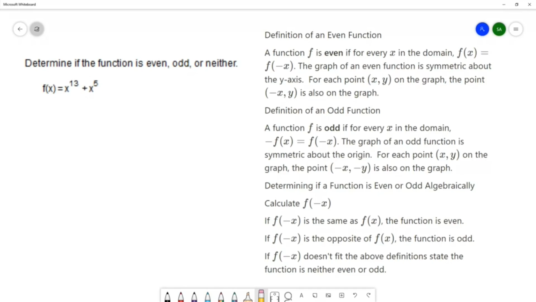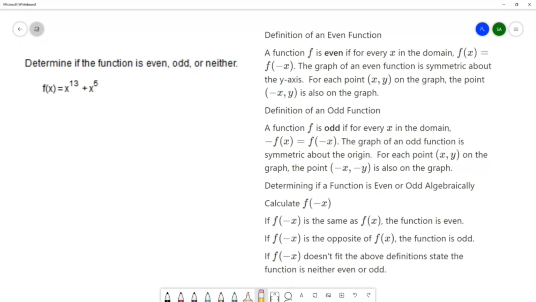So what we need to do is figure out if this equation fits this pattern of an even function, f of x equals f of negative x, or if it fits this pattern of an odd function, negative f of x equals f of negative x.